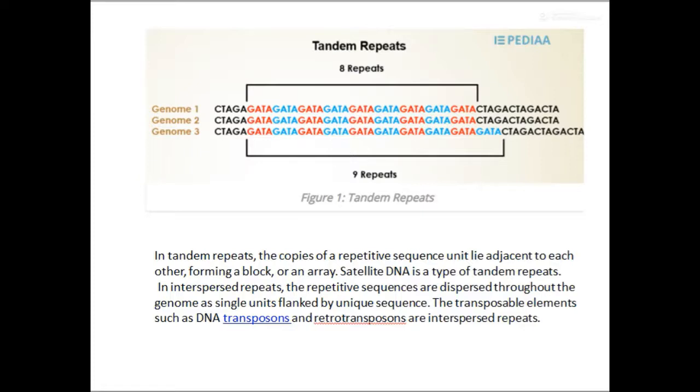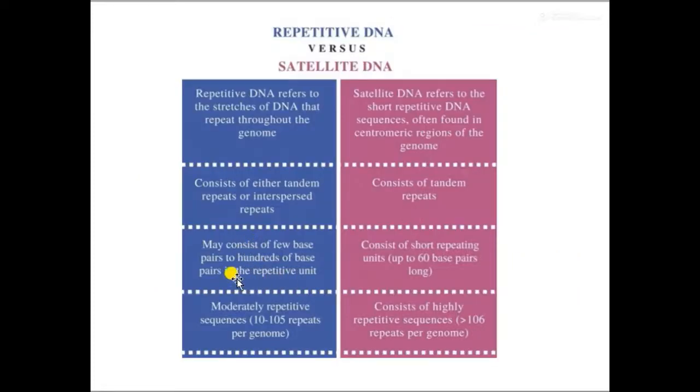You can think of satellite DNA as having only a few base pairs in length, whereas the number of repetitions present in the whole genome for repetitive DNA is 10 to 10^5 repeats, but for satellite DNA it has been found to be more.